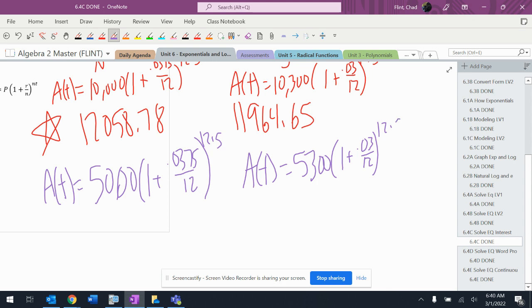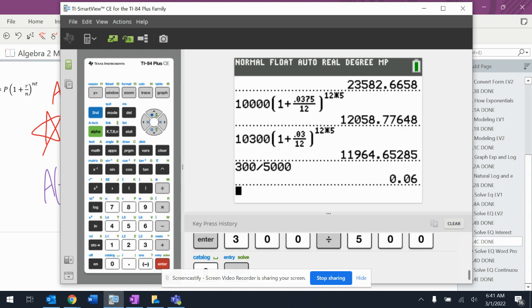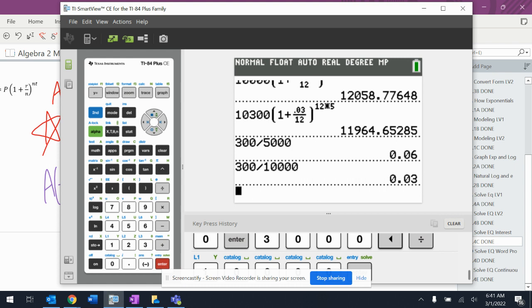Now, percentages are hard, so some of you might be having an issue with that, but $300 is like 6% of, well, I can just figure it out. 300 divided by 5,000 is 6% of $5,000, but it's only 3% of 10,000, so it's twice as much in terms of percentage.